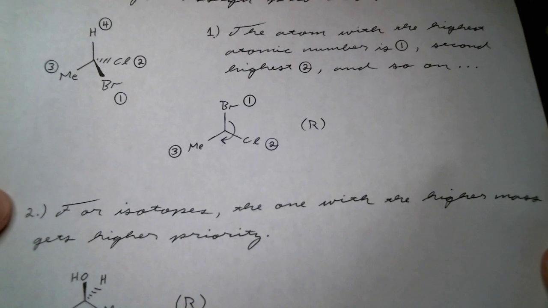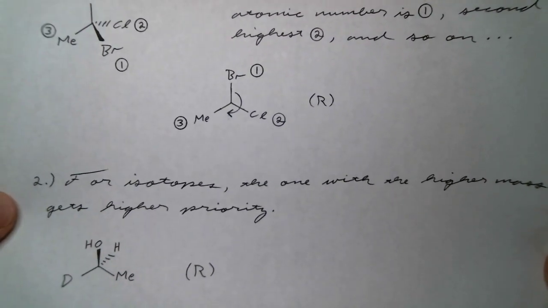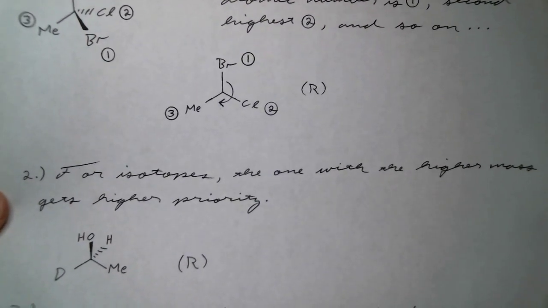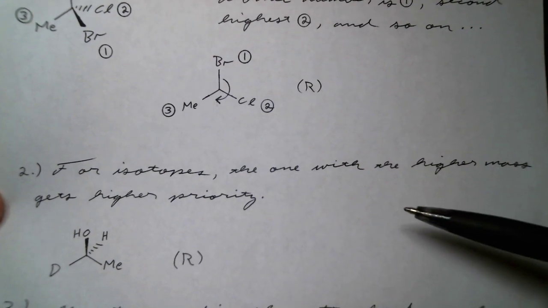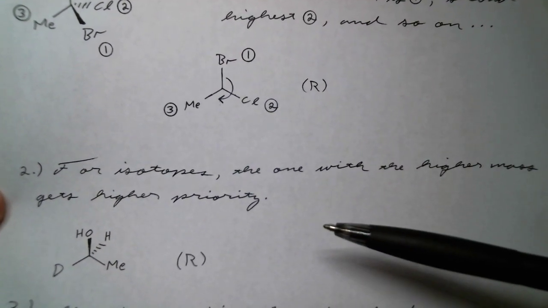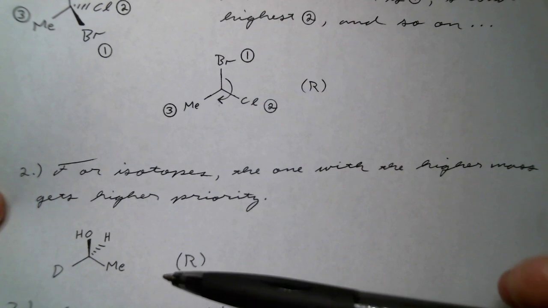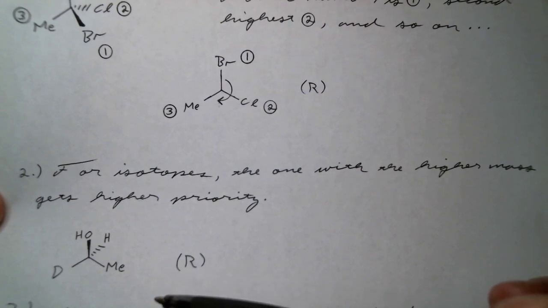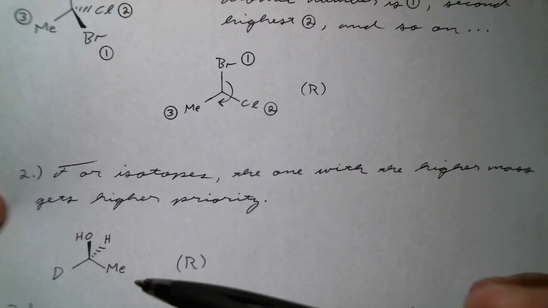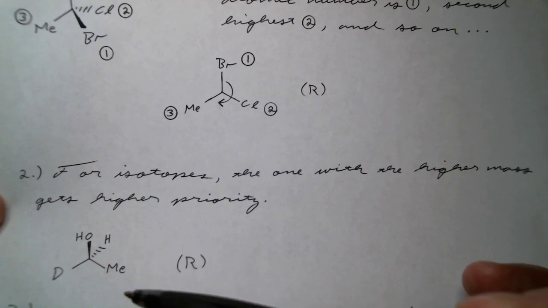For isotopes, so say you have deuterium and a hydrogen, well, the one with the higher mass gets the slightly higher priority. And here's a trick, which we'll review at the end of this lecture video about bond line structures.